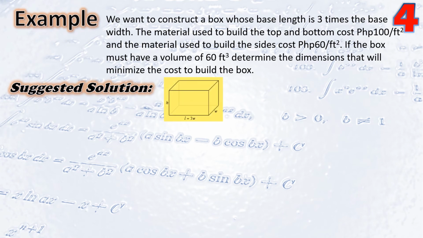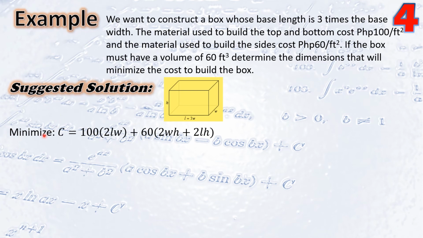First, let us draw the figure and illustrate the dimensions of the box. Let W be the base width, L be the base length, and then H be the height. Since the base length is 3 times the base width, we have L is equal to 3W.